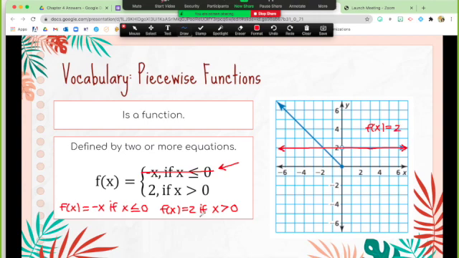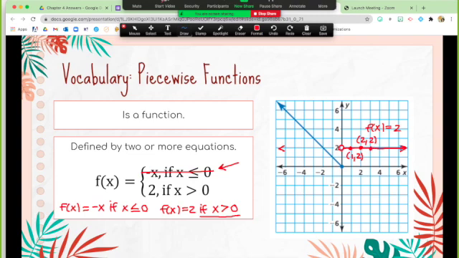Now it's telling us here that it only happens if we have x bigger than 0. So it's not including 0. And because of that, we have an empty circle because we're not including 0, and we're drawing an image where the x points are, for example, 1, comma 2, and over here 2, comma 2.